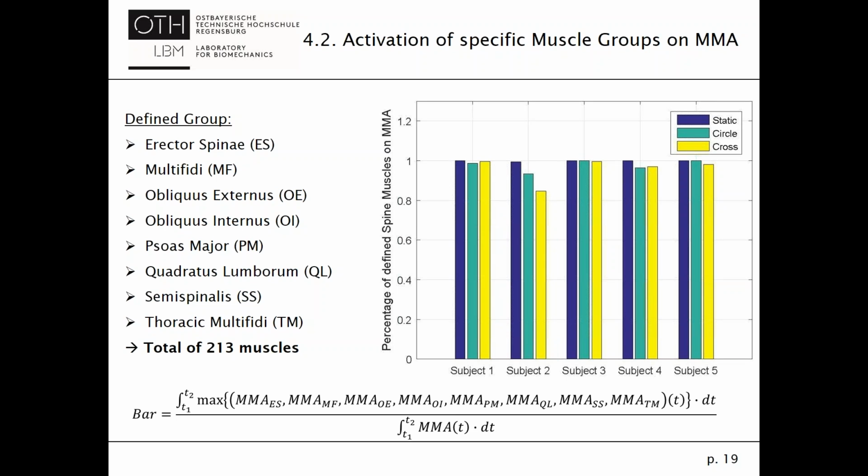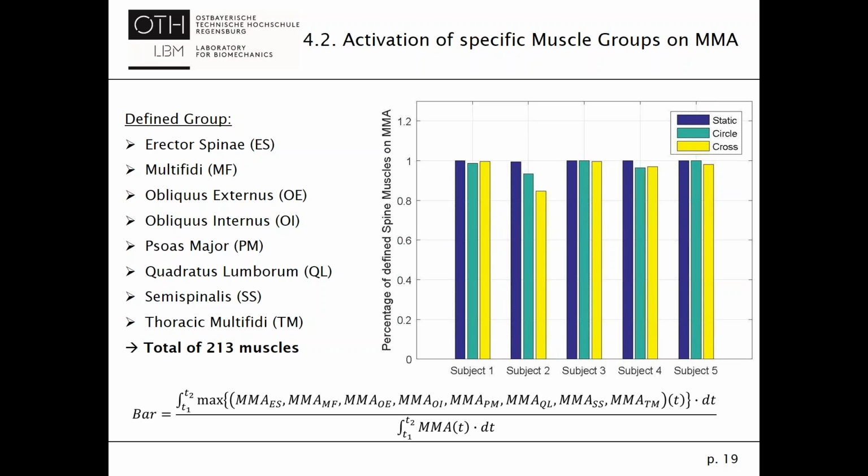So then we can compute an integral of those muscle activities and divide it by the integral of the maximum muscle activation. So this means if a bar has a value of 1, then the considered muscle forms 100% of the maximum muscle activation. And what you can see in this diagram here is that the considered muscle groups form in almost every case the maximum muscle activation.